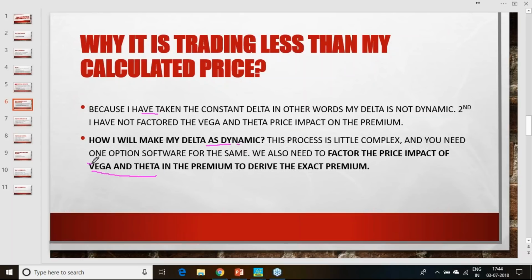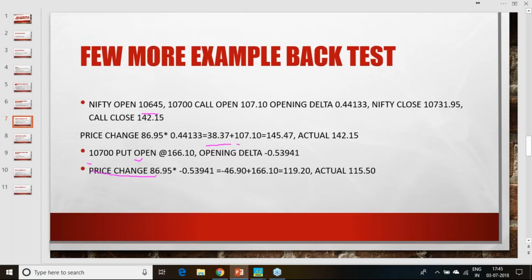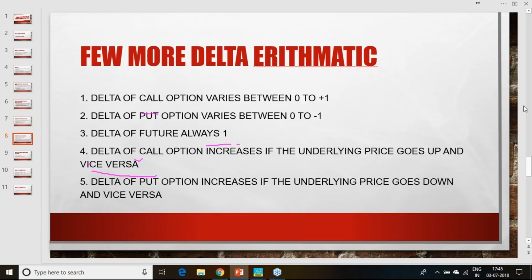So Vega and Theta have not participated in the option price projection. This is also one of the reasons. These two reasons made my calculation miss by 2 to 3 rupees in terms of the premium. Once I add those things, I can further improve my calculation to a near value. So this is how you can make use of delta.